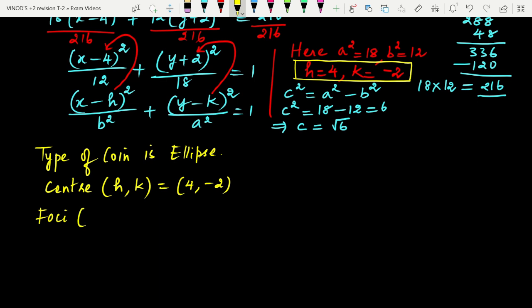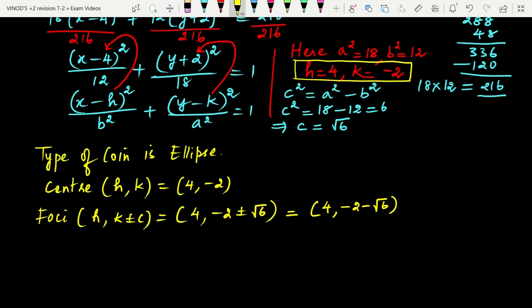Foci: because this is a vertical ellipse, (h, k ± c) are the coordinates. Substituting, h is 4, k is −2, c is ±√6. So the two foci are (4, −2 − √6) and (4, −2 + √6). Next we have to find the vertices.